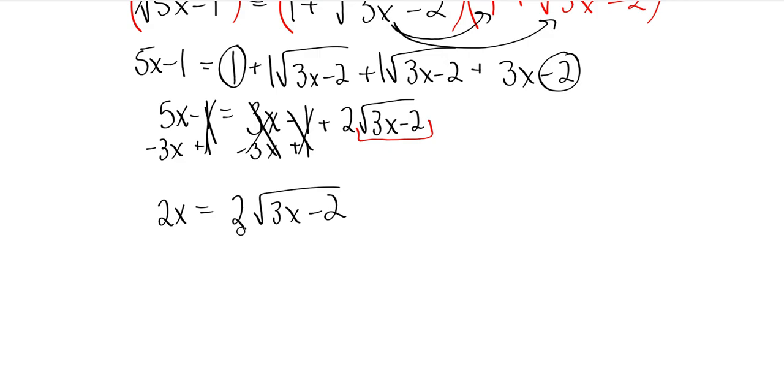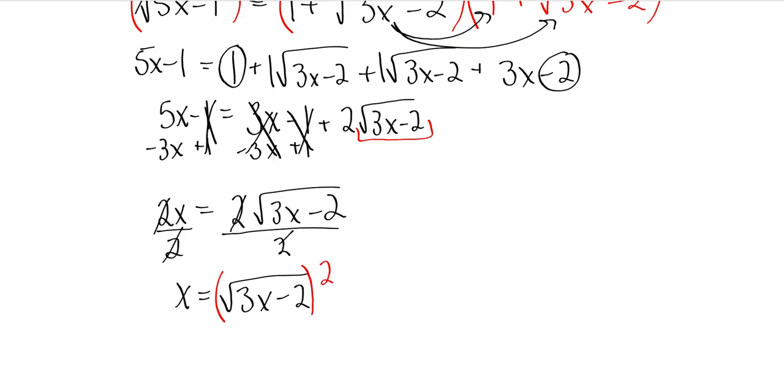So how do we get rid of the 2? Well, we just divide both sides by it. And that conveniently cancels that over here as well. All right, now we have x equals square root 3x minus 2. The radical is alone. We can square both sides. And there's not a whole lot of work on the left because that just squares itself.